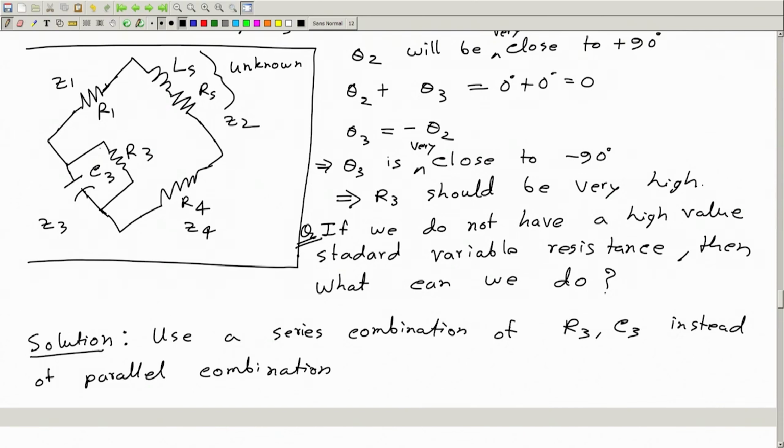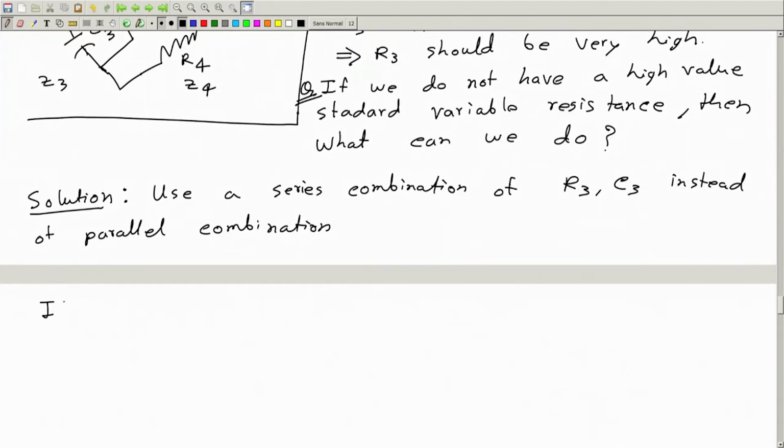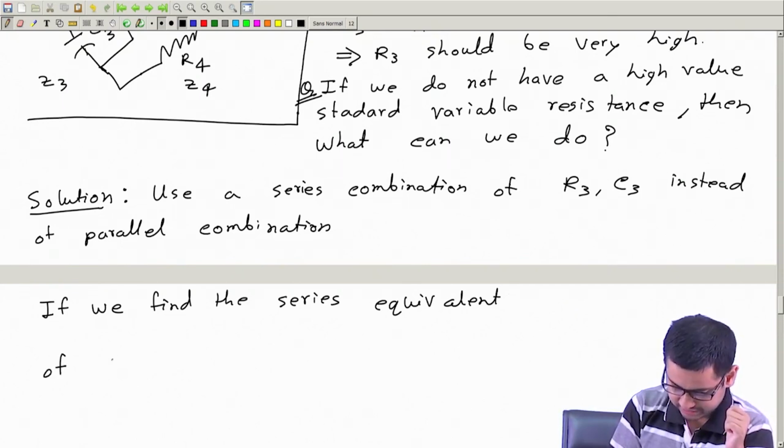So, if you find the series equivalent of this C3 R3, series equivalent of this thing, C are parallel, okay.